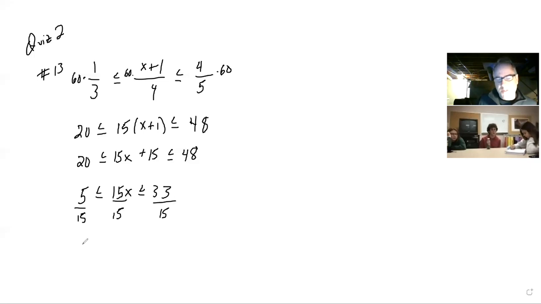And so I'm going to have 5/15, which would reduce to 1/3, less than or equal to x, less than or equal to, and here top and bottom would have a common factor of 3, so that would reduce to 11/5. And so your solution set here would be in interval notation a bracket, since it's or equal to, 1/3 including 1/3 up to 11/5 and including 11/5.